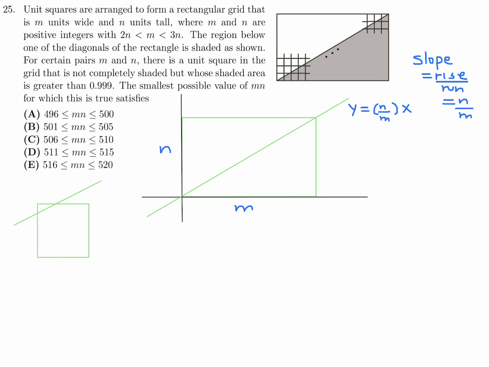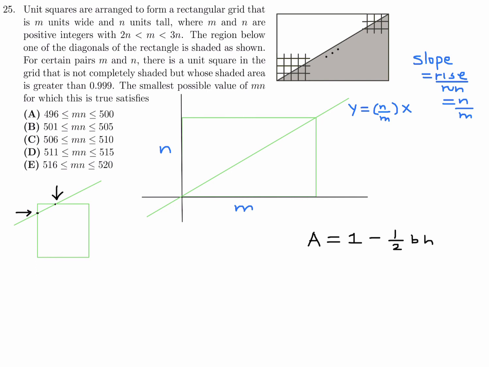Okay? So when you have this kind of a cut, I'm interested in this point and I'm interested in this point right here. Those 2 points I'm interested in because I have to figure out what those are in order to calculate the area. Because that area is going to be the area of the unit square, which is 1, subtract the area of this tiny little triangle. And that triangle will be 1/2 base times height.